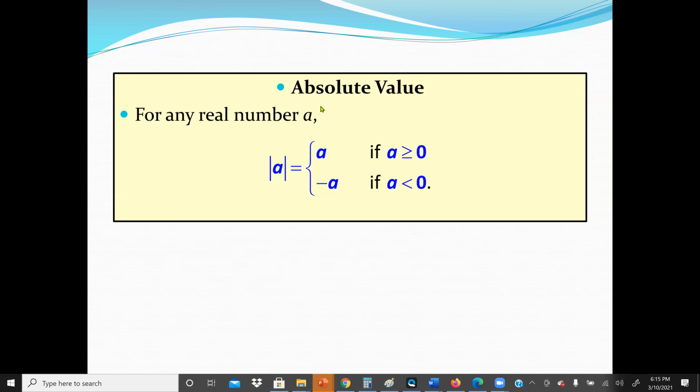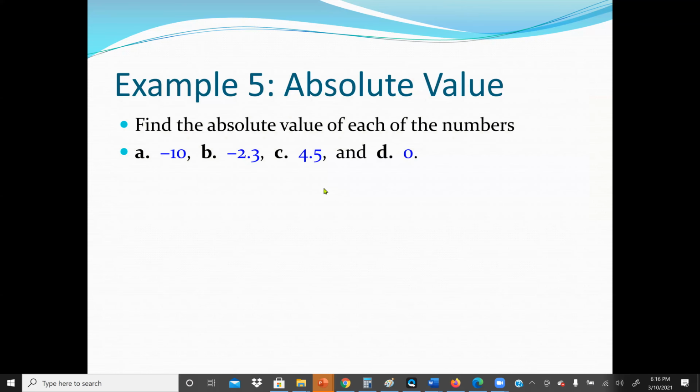Next, we go through what absolute value is. The rule is that whether it's positive or negative, the answer will always be positive. So the absolute value of a can represent the value of positive a or negative a, because the absolute value of negative a is a, and the absolute value of a is a also. We have some examples here.